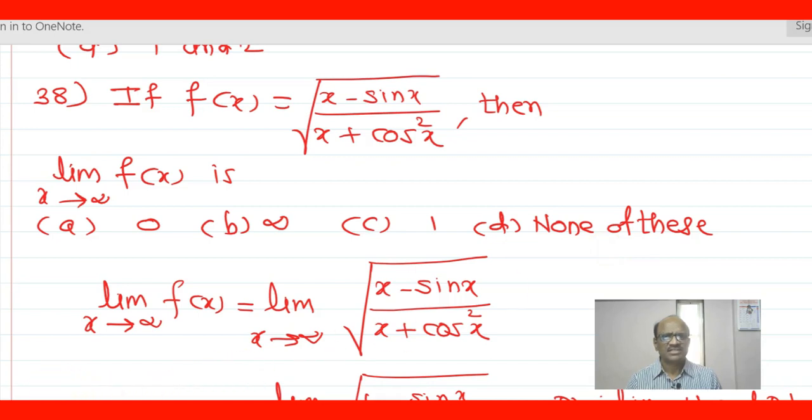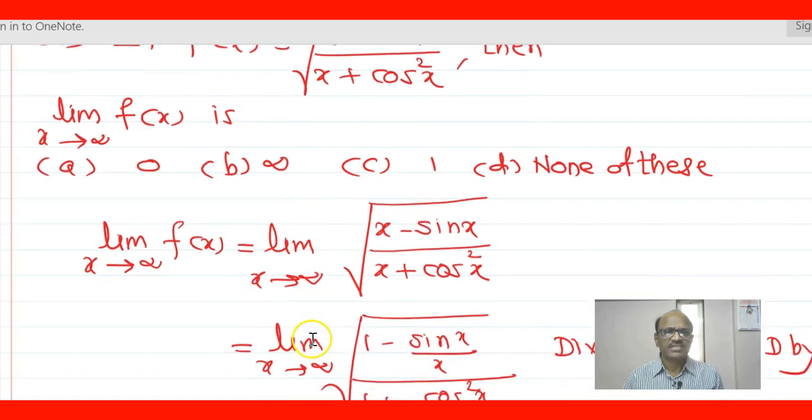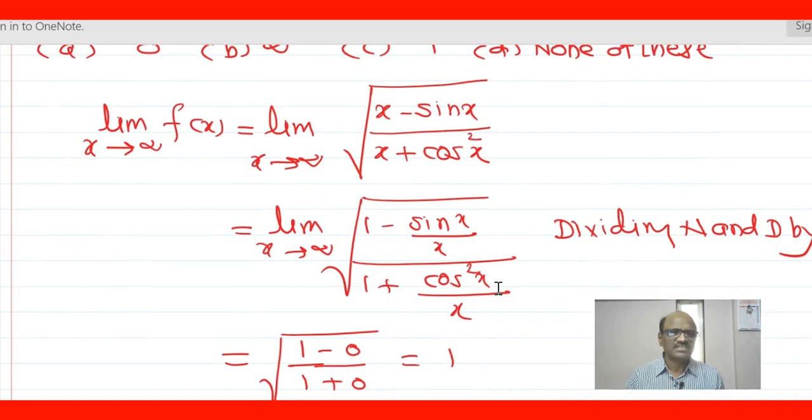Now again, this is the limit as x tends to infinity of f of x, which is equal to the limit as x tends to infinity of (√x − sin x)/(x + cos² x). Now again, if you see this, divide the numerator and the denominator by x. Then you will get x upon x, that is 1, minus sin x upon x, and for the denominator x upon x is 1, plus cos² x upon x.